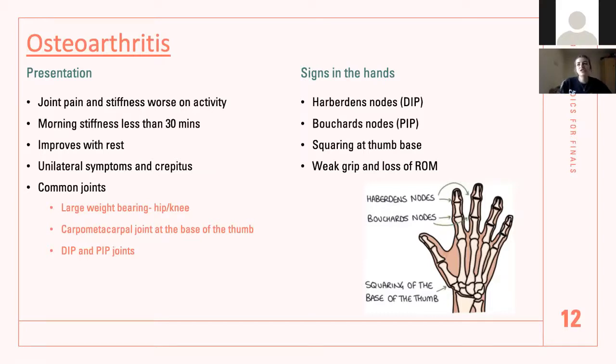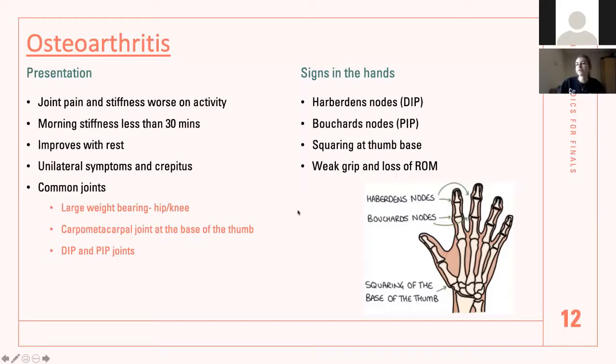On examination, you'd feel crepitus in the joints. And the common joints affected are like large weight-bearing joints, so the hip, the knee, the carpometacarpal joint at the base of the thumb is also quite common, DIP and PIP joints as well.